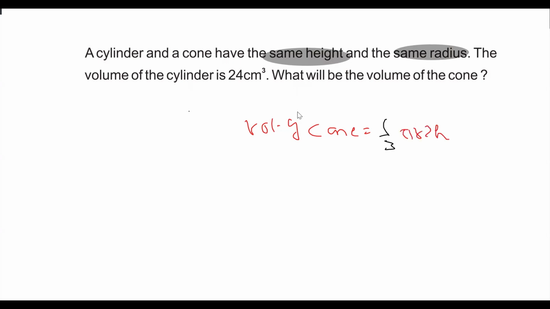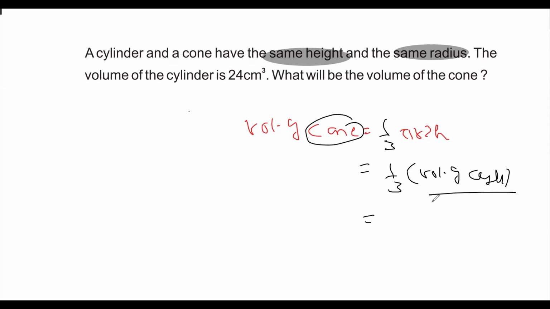Now you can see from here that pi r square h is the formula of a cylinder. So we can say that the volume of the cone is 1/3 the volume of the cylinder. You should know that. So this is 1 over 3, and the volume of the cylinder is given as 24, so that is 8 centimeter cube. Clear?